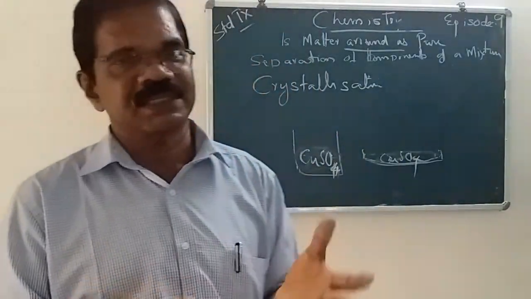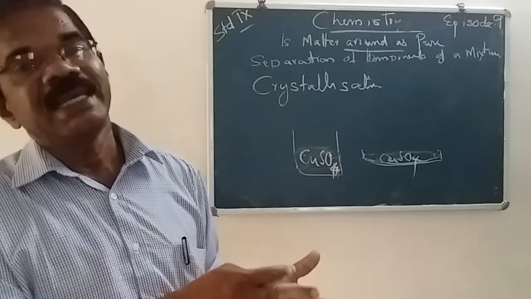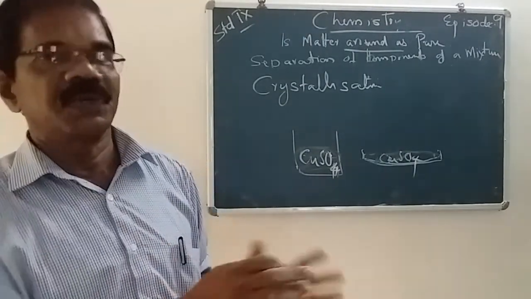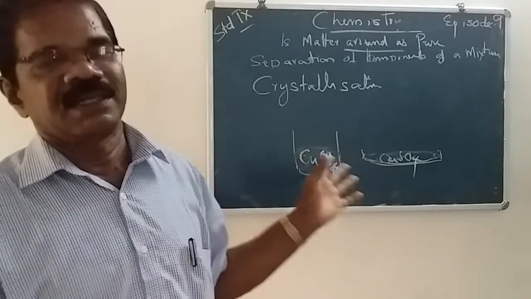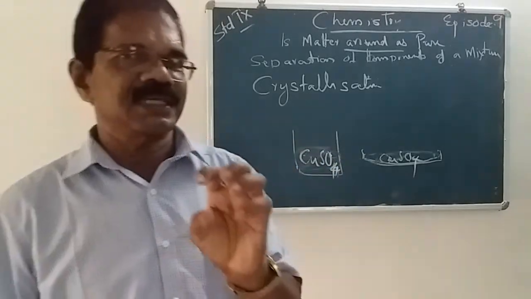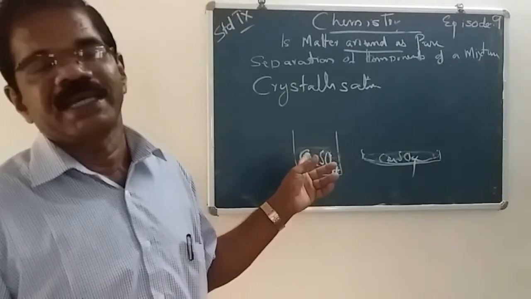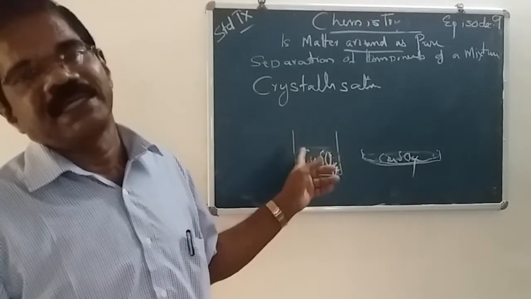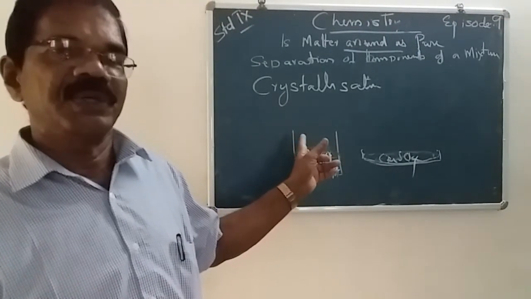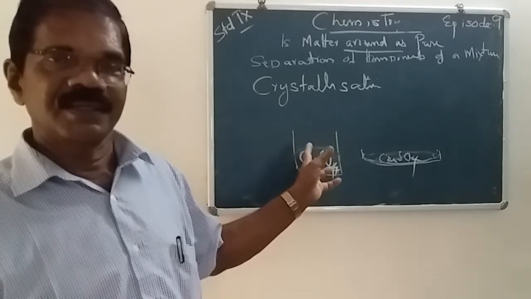What is the use of filtration? To remove any undissolved solid impurities present there. Copper sulfate is dissolving in water. If there are any impurities present here that are not dissolved in water, they can be removed by filtration.